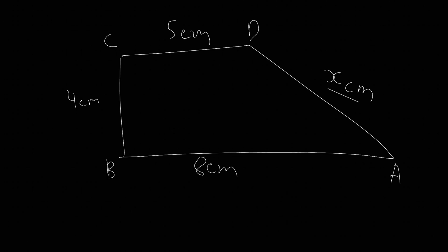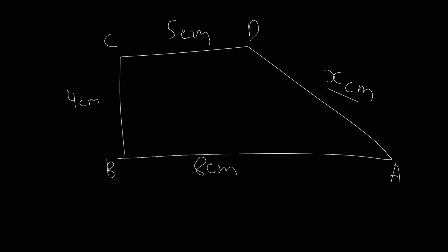I can see that this D and this A sort of form a weird line. So what I can do here is cut this shape like this.